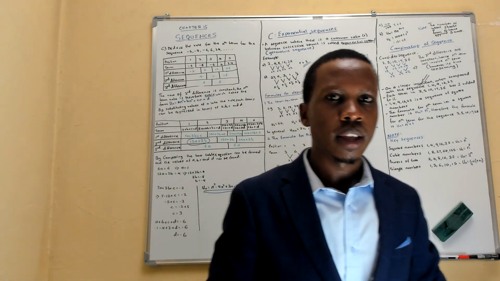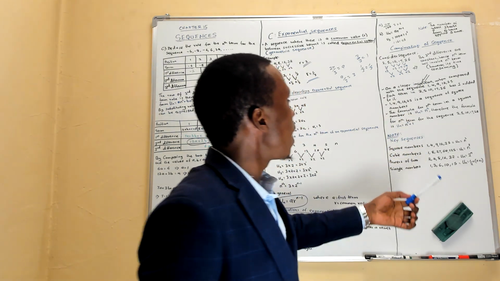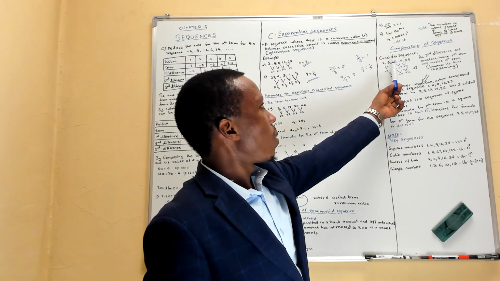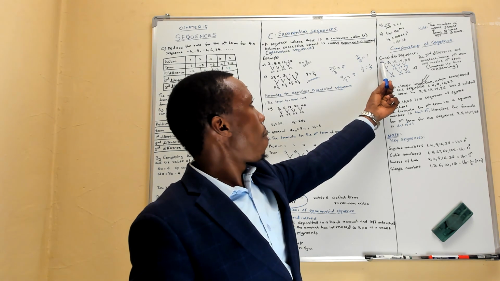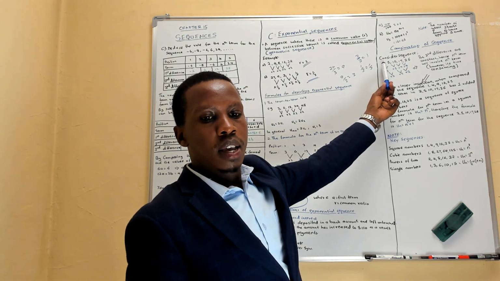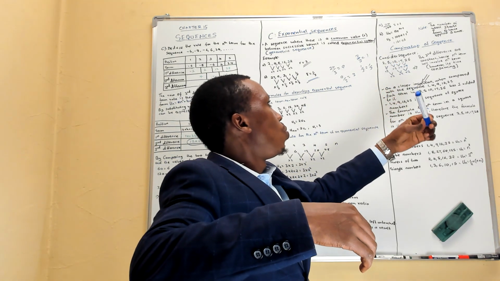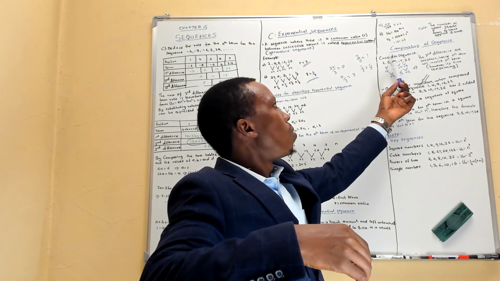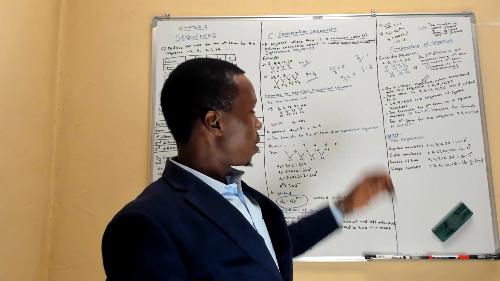Let's look at this way. In combination of sequences, suppose you are given this sequence here. An example is this one. You are given this sequence, and then you are asked to form the nth term formula for this sequence.